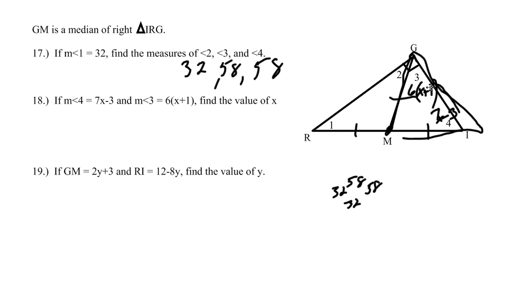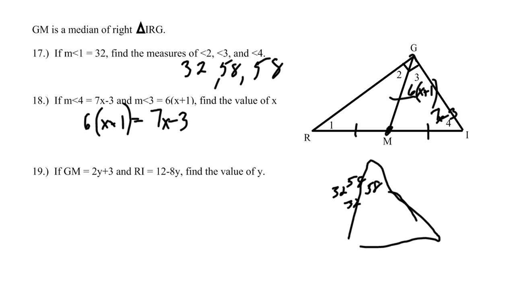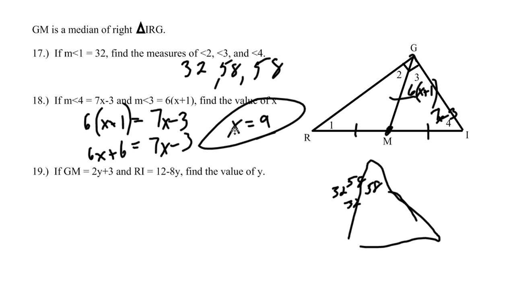So those are two base angles of an isosceles triangle. So we're going to set them equal to each other. 6 times x plus 1 equals 7x minus 3. And when we solve, we get x equals 9. And we sing and rejoice because we're done with that problem.